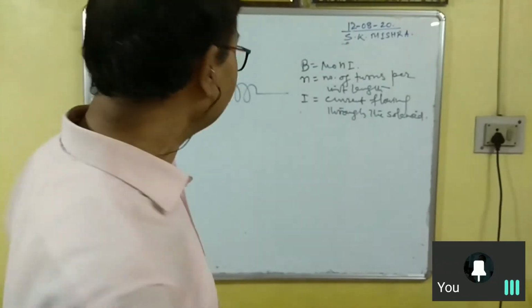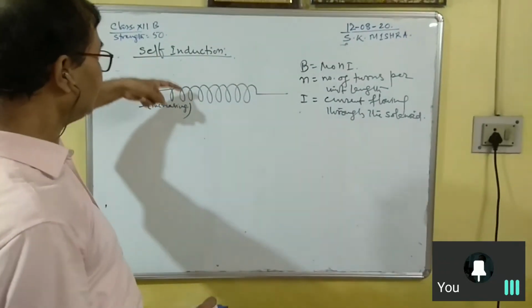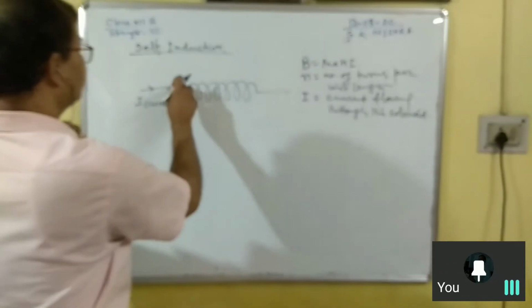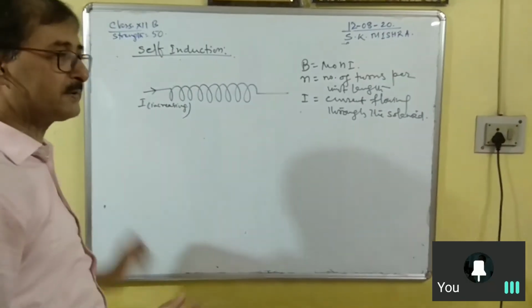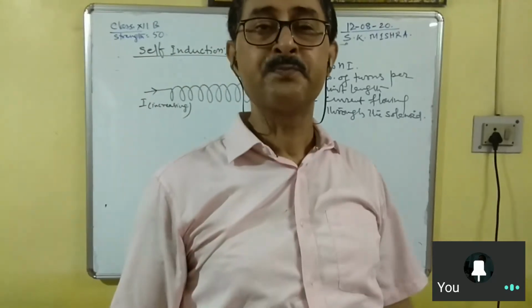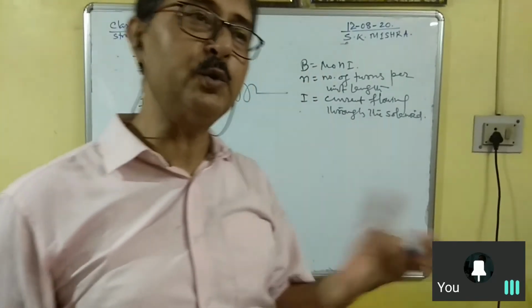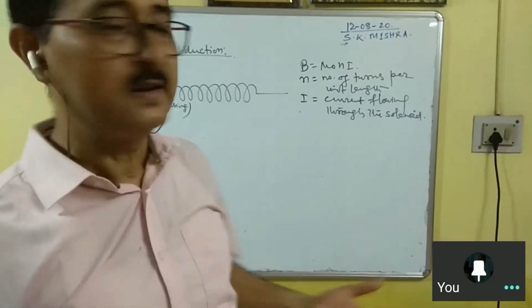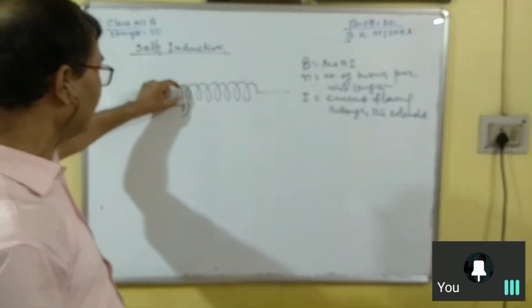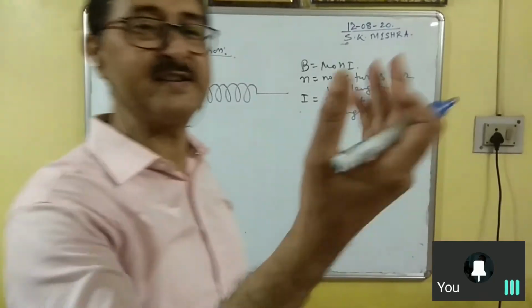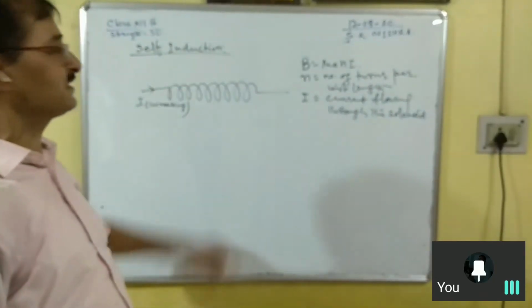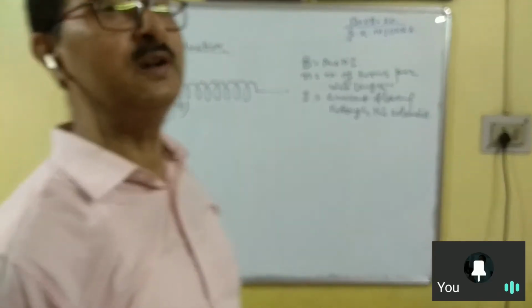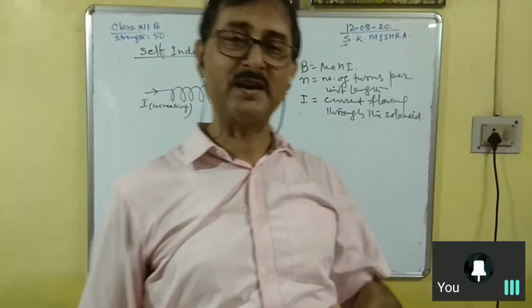And if the magnetic field is increasing, then the flux. Now assume this circular turn has some area, pi r square, because of the radius. So magnetic field into area gives you the flux. So the flux linked with each turn of the solenoid is going to change.